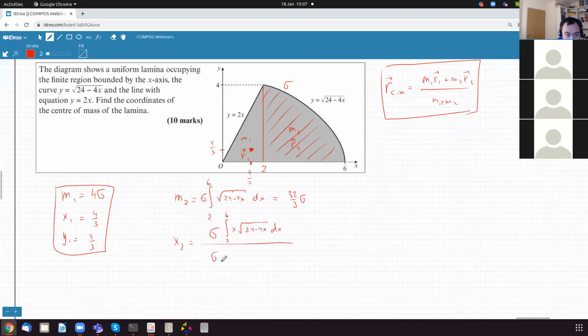And on the bottom we have the mass, which we already know. It's 32 over 3 sigma. Sigma cancels, and I would like you to prove that this is 3.6.